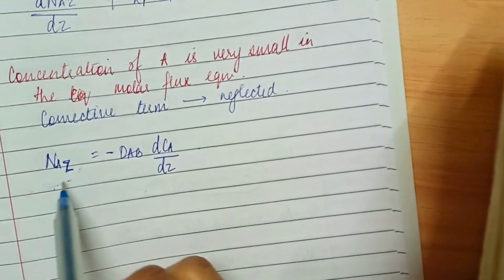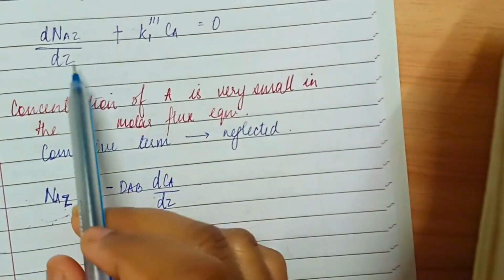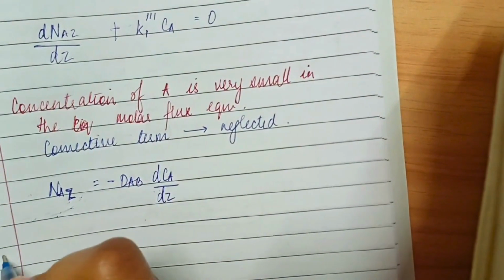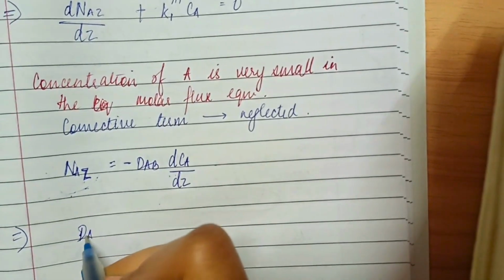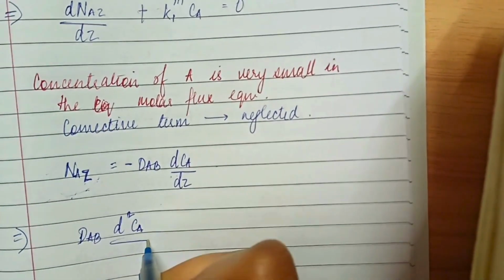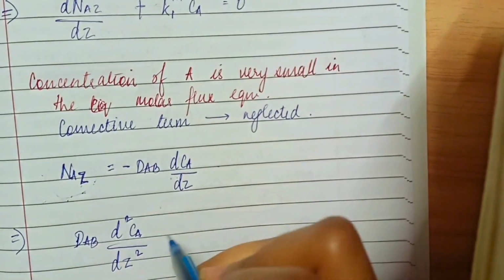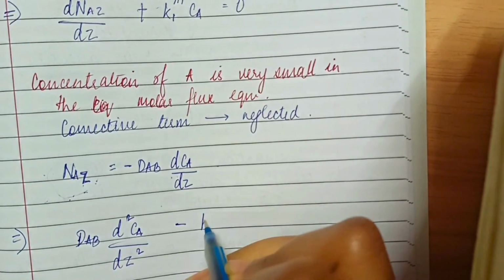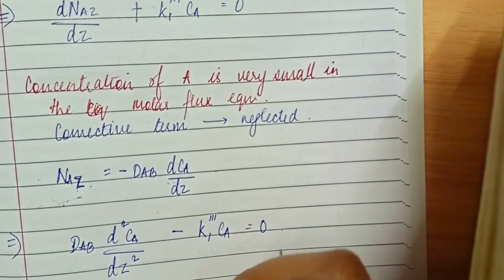So what we can do is we can substitute this equation of NAZ into the above equation of the shell mass balance. So by putting it over there, we get DAB d square CA by dZ square minus K1 triple prime CA is equal to 0.